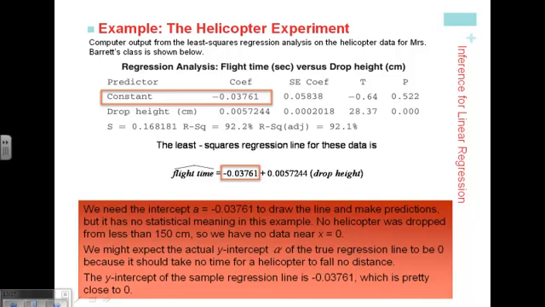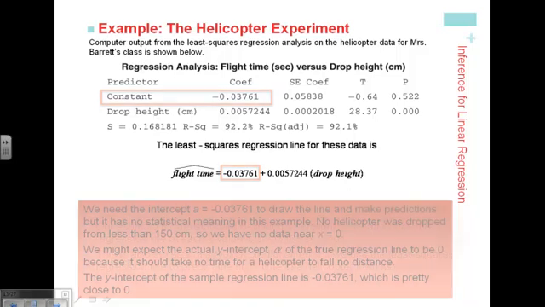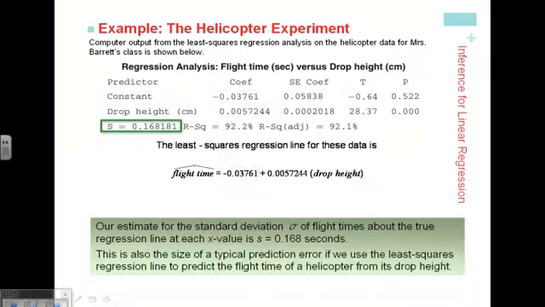But it helps us to draw the line of best fit. Okay, and there they are pointing out s, the estimate for the standard deviation, the average size of the error for any particular y is about 0.168.